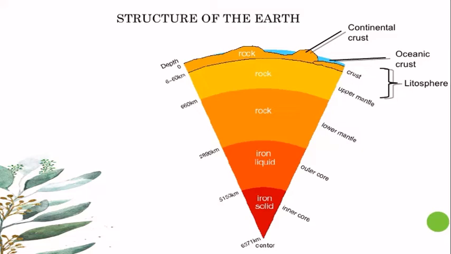And the core: if we move below the mantle zone, we will get another layer, that is the core. The core is divided into 2 parts, the outer core and the inner core. The outer core is composed of iron and nickel, and the temperature of this outer part is 5000 degrees centigrade.